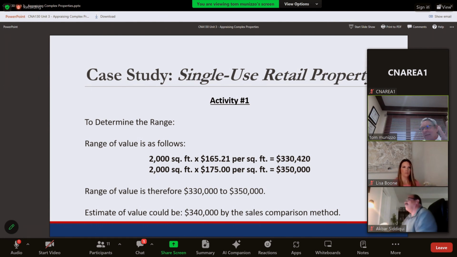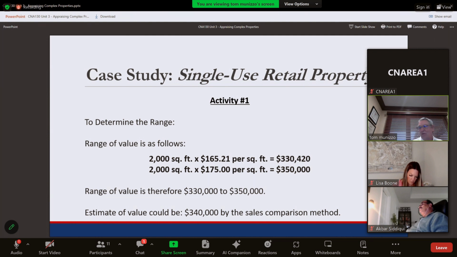But realistically, if you picked $165 a square foot and you conclude at 330, then I would, remember I was telling you, always tell the story and reconcile your conclusions. I'd say the value conclusion was based on the lower end of the price per square foot because maybe the inside was a little outdated, or maybe it had some minor deferred maintenance, which was immaterial to the overall value.